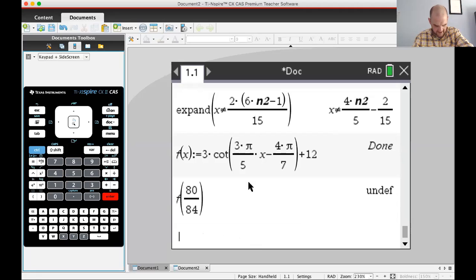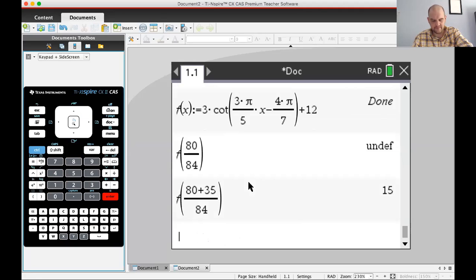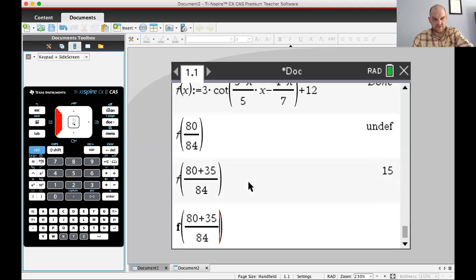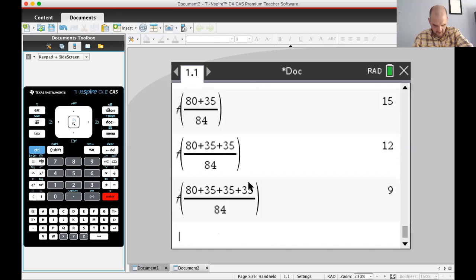So let's see, if I add 35, well, what if I actually just do this? Here, watch this. Let's add 35 up here. And it should give me the high point. And then if I add 35 again, it should give me the middle point, which it does. If I add 35 again, it gives me the low point.